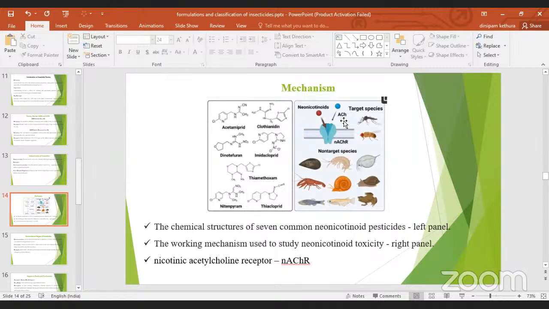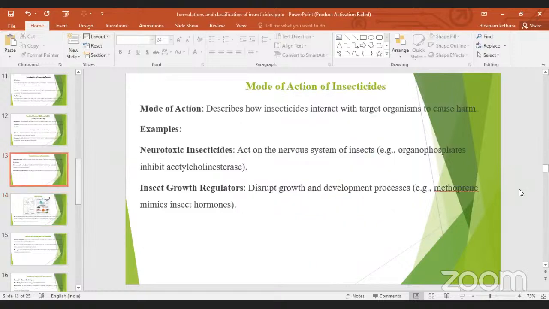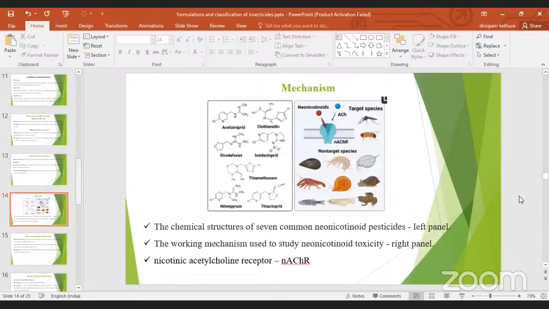Here you could see ACH, which is called as acetylcholine, and here you are seeing nAChR, which is called as nicotinic acetylcholine receptor. In our previous slide, you have seen organophosphates are insecticides. I mean, we classified the insecticides chemically into different groups. Among that, one of the groups is organophosphates, which will inhibit acetylcholine esterase enzyme. Okay, so this is about the mechanism.